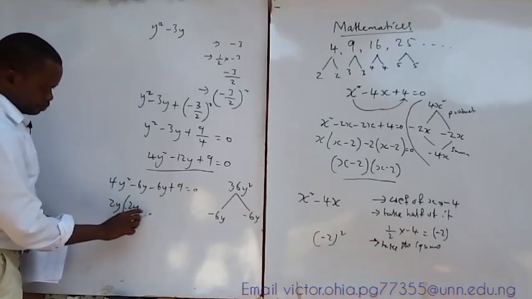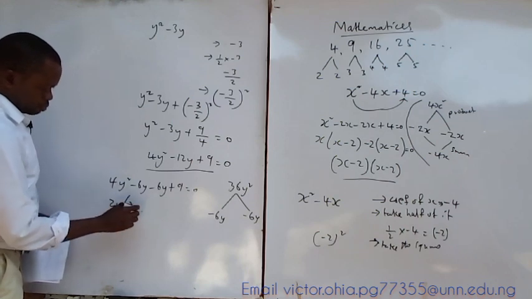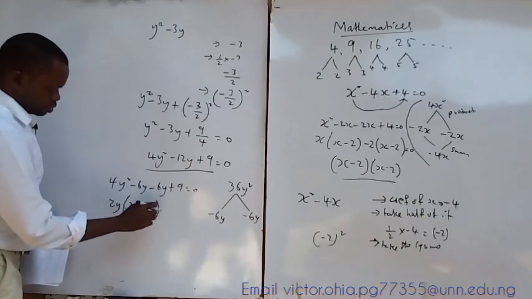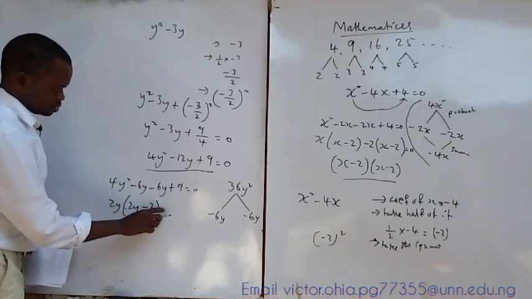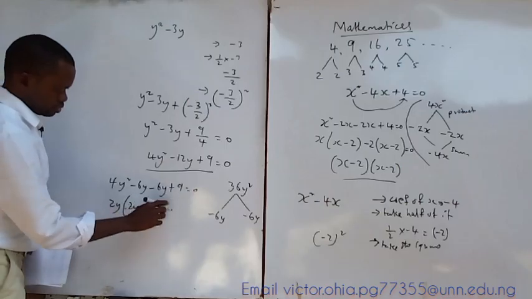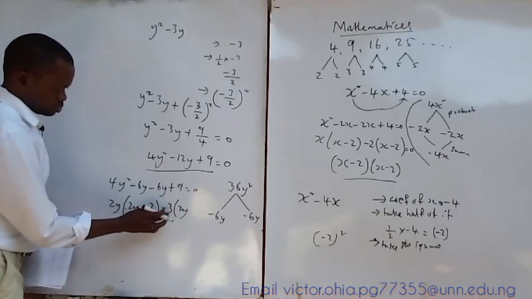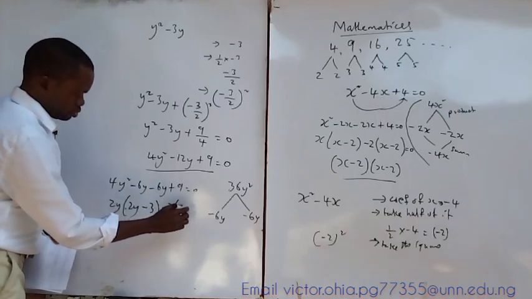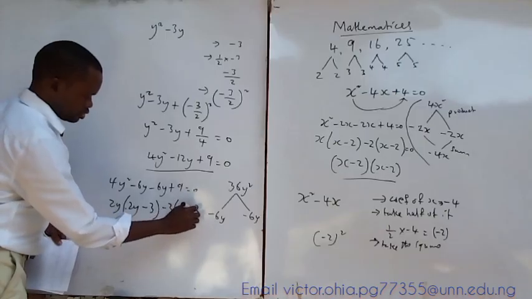And within here, 2 into this is 3, minus 3, because this times this will give this. Here will be 2y, because this times this will give this. Then minus into minus will give plus, so let me put minus 3 here.